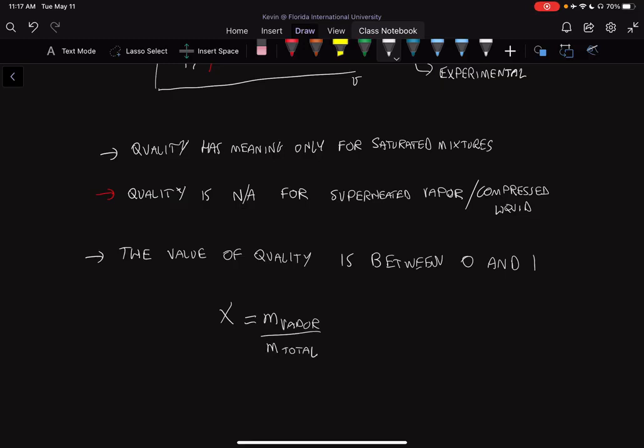And if we have mass equal to 1 kilogram, the mass of liquid equal to 1 kilogram, and the mass of vapor equal to 0 kilograms, what do we have? We have a saturated liquid.